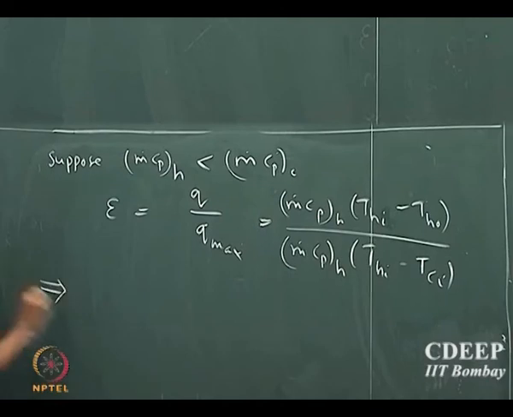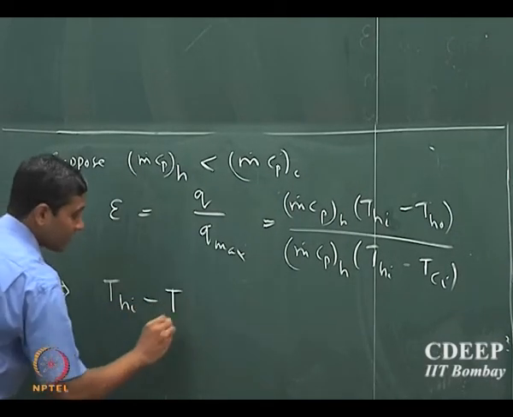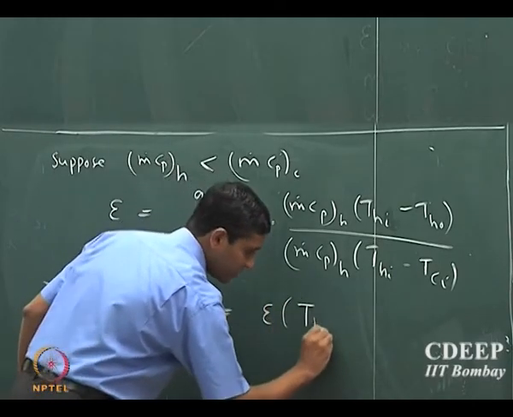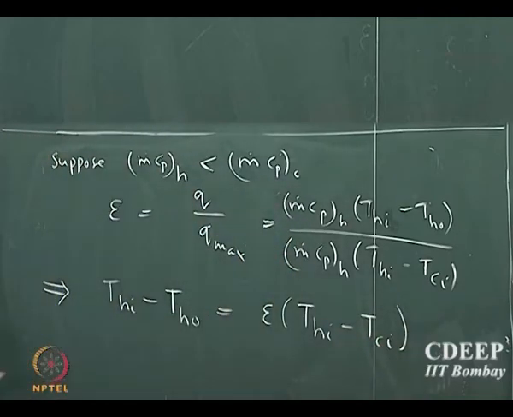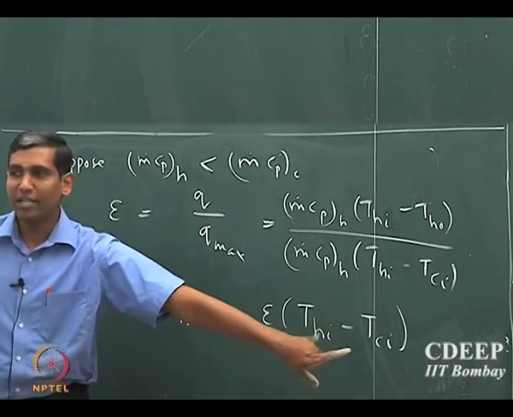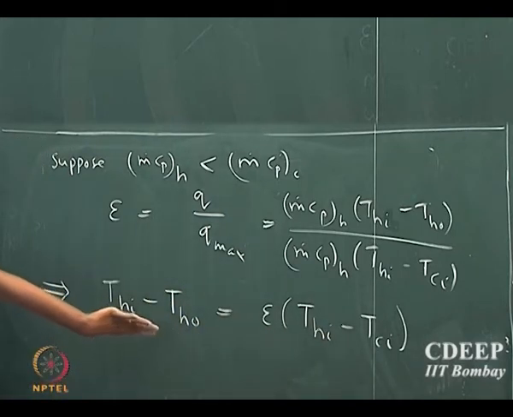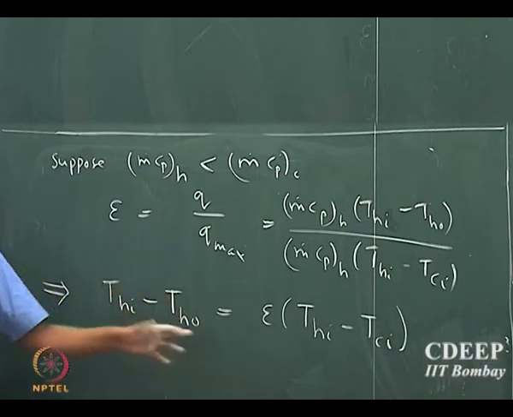From here we can see that Thi minus Tho is equal to epsilon into Thi minus Tci. This provides a mechanism to eliminate one of the temperatures. Remember that we have inlet temperatures in this expression. We could eliminate Tho from here. We will see how to do that in a short while.